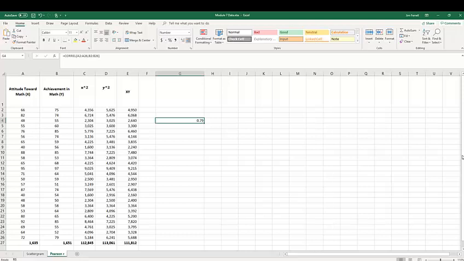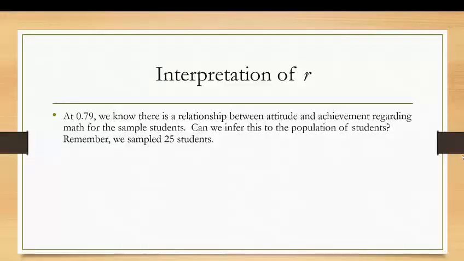So let's go back to our presentation. At 0.79, we know there's a relationship between attitude and achievement regarding math. Can we infer this to our population? Remember, we sampled 25 students out of our class, okay? So now we're going back to some of the last things that we have looked at, and that is once we get a sample and find out something about a sample, how much can we infer back to our population?